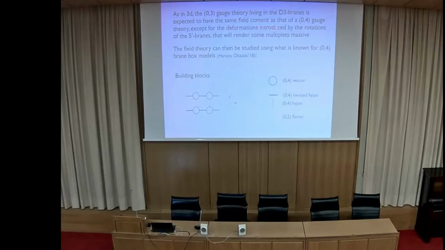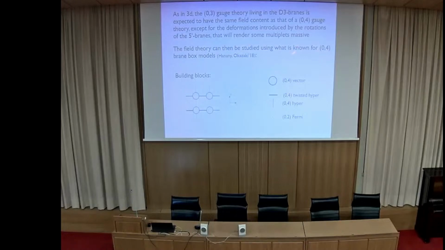But, luckily, as happens in ABJM, you expect that the field content is going to be the same as for (0,4) gauge theories, except for the deformations introduced by the rotations of the branes, and some multiplets become massive. So what we can do is treat this as if it was (0,4) supersymmetric, ignoring for the moment the rotations, and see what kind of information we can get from this.